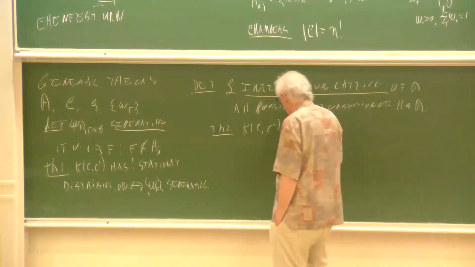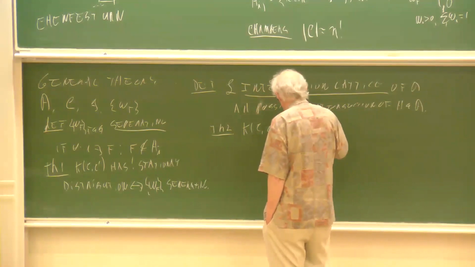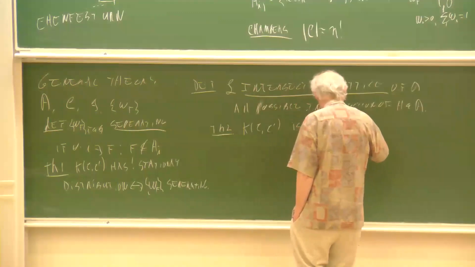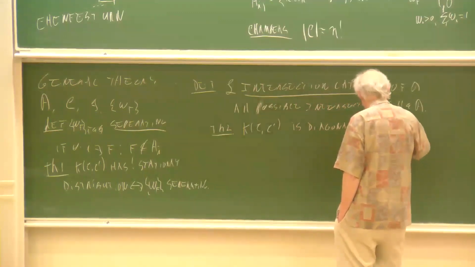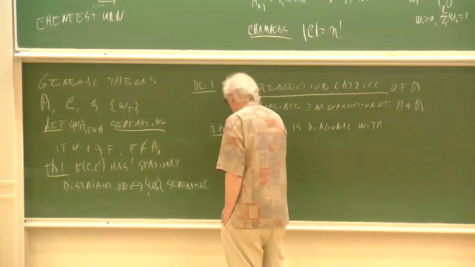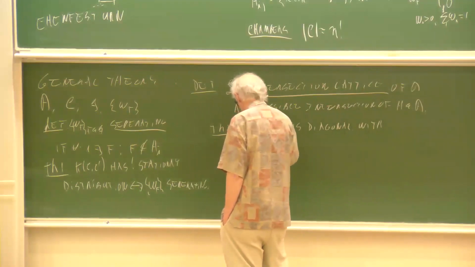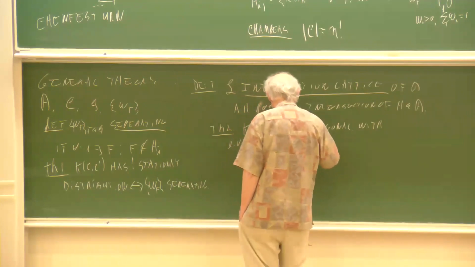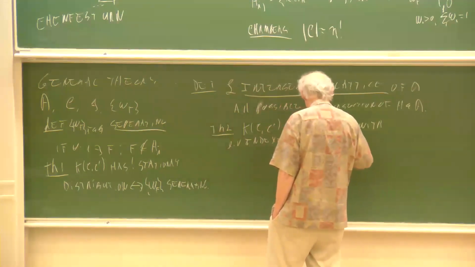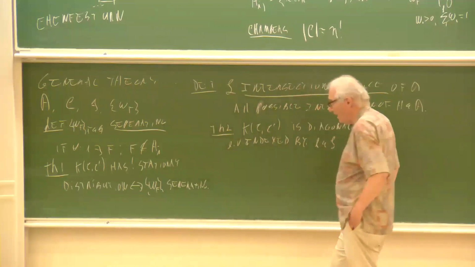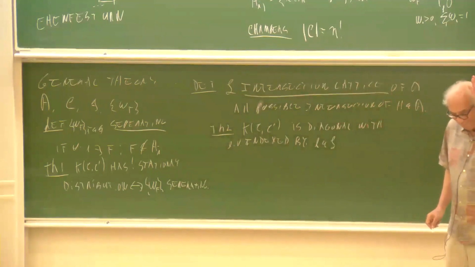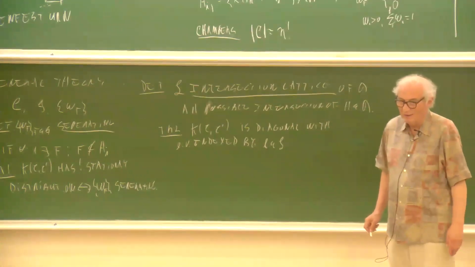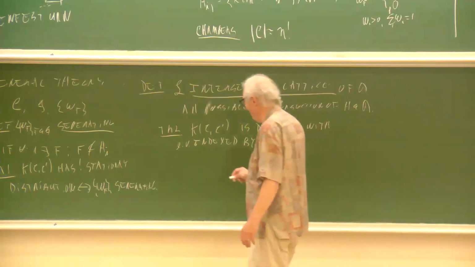This matrix is diagonalizable with eigenvalues indexed by L contained in the lattice. So for every possible intersection of hyperplanes, there's a well-defined eigenvalue, and here's what it is.